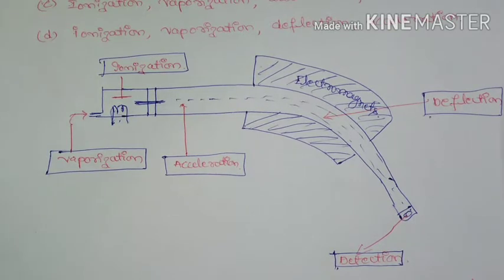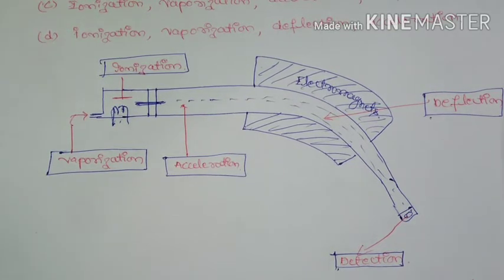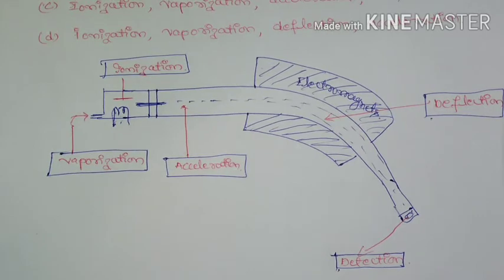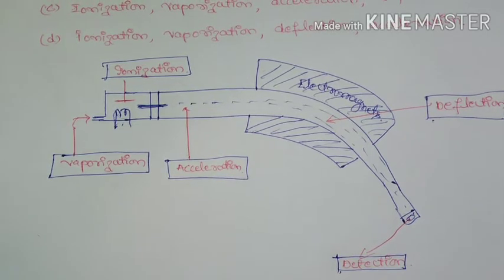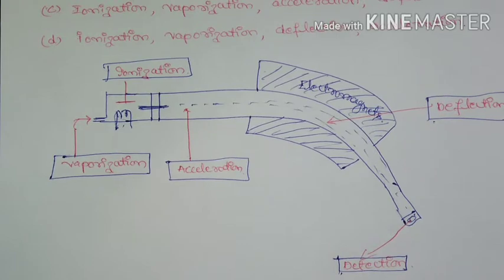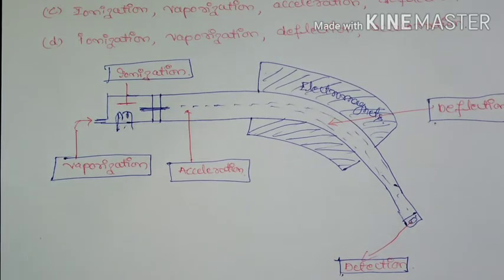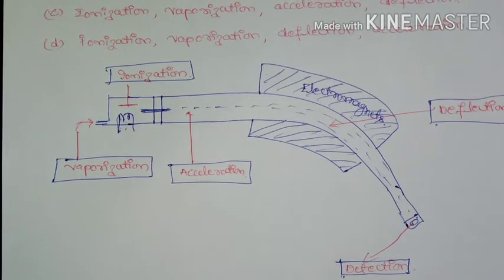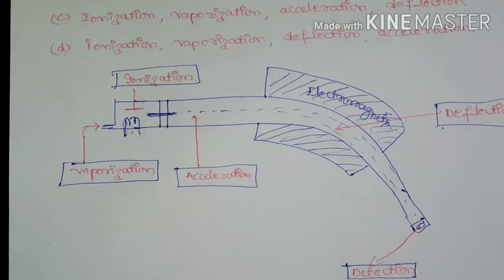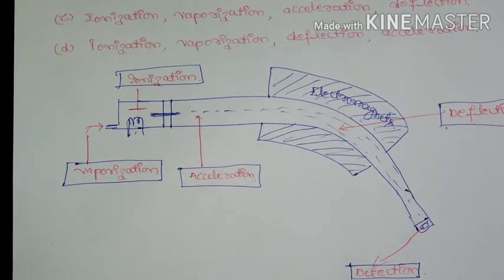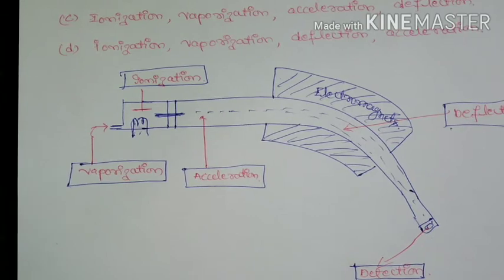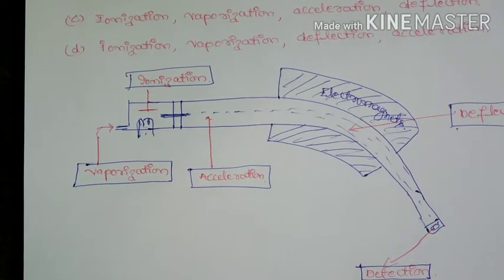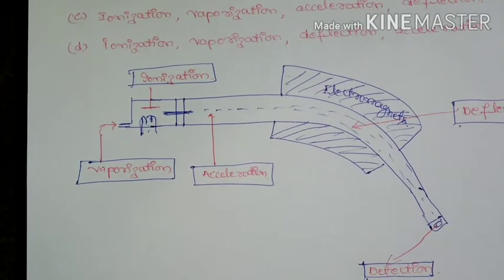First the sample will be vaporized, then it is bombarded with high energy electrons, so that process will be called ionization. Then the ions formed will be accelerated and it enters into electromagnetic field where they deflect and finally they are detected.